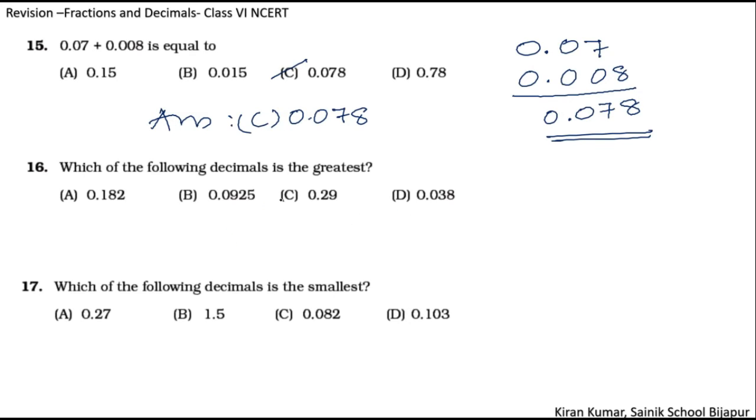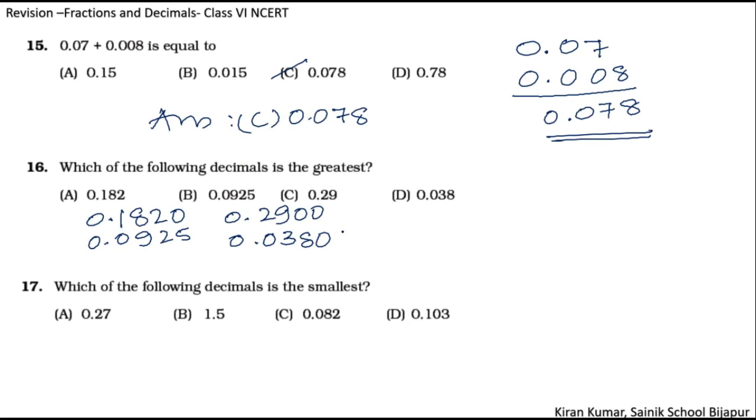Which of the following decimals is the greatest? Firstly, converting the given decimals into like decimals, we get 0.1820, 0.0925, 0.2900, 0.0380.